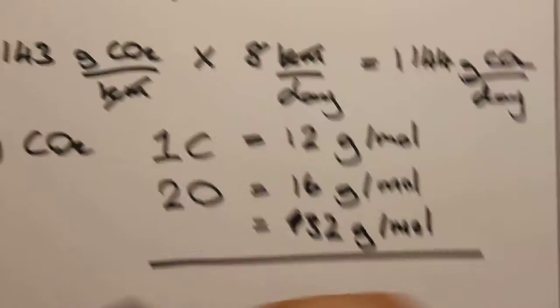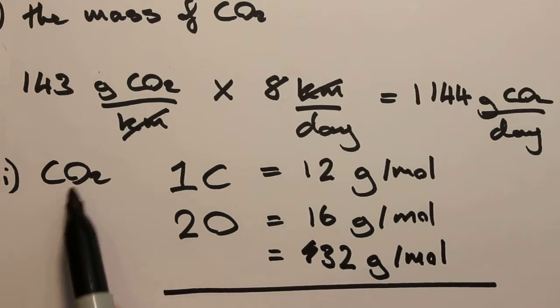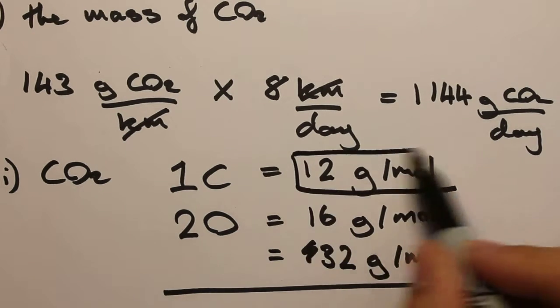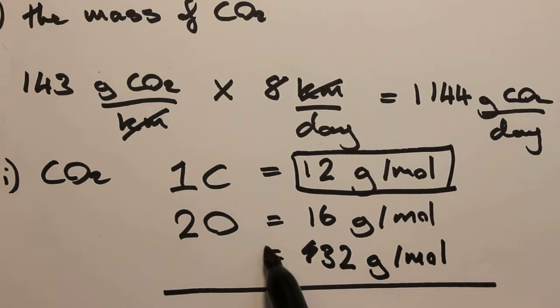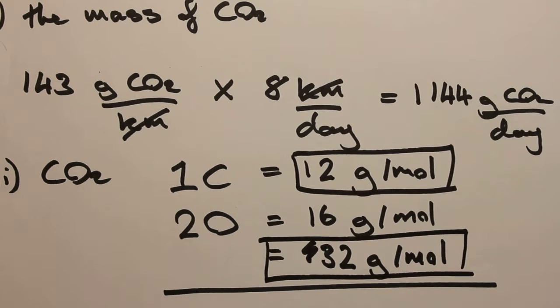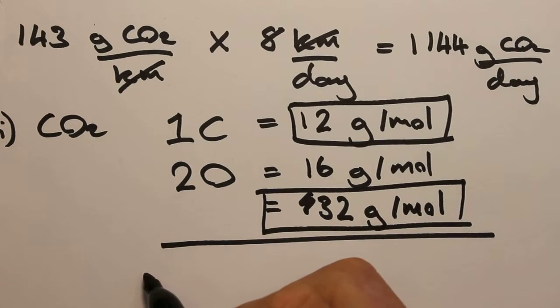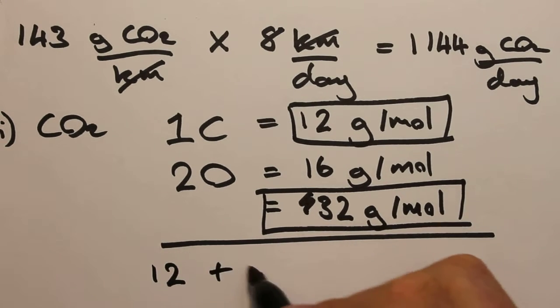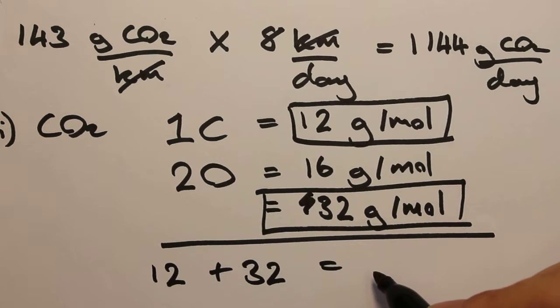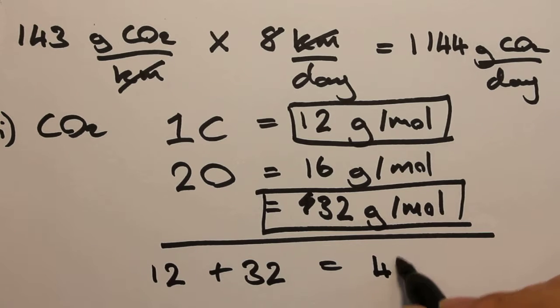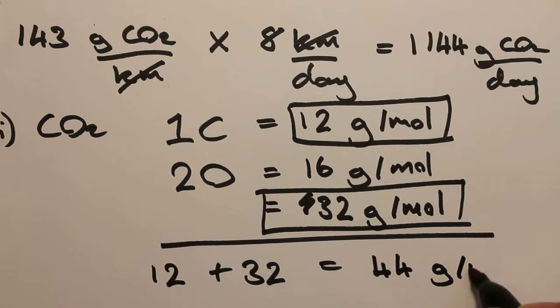So for a molecule of CO2, we add our 12 grams per mole for the carbon and our 32 grams per mole for the 2 oxygens. 12 plus 32 is equal to 44 grams per mole.